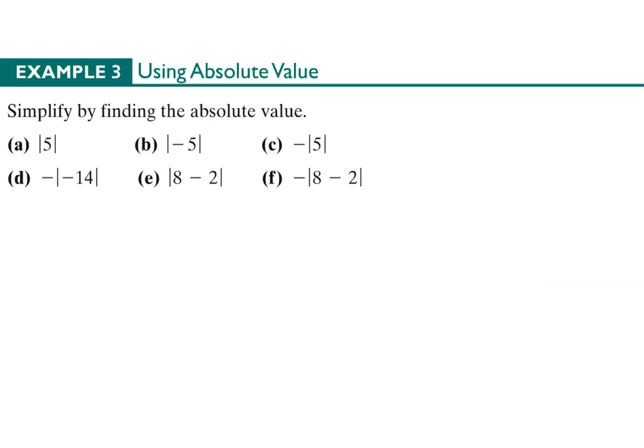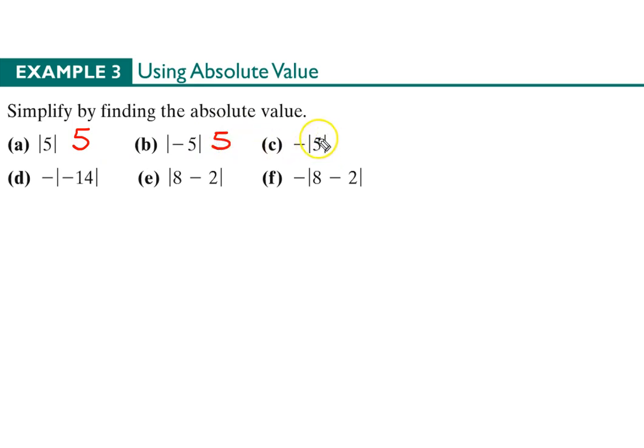Alright, here we're asked to simplify. It's going to take time to write them down, but have them in your notes. And I'll change back to my nice red. I like the red. Absolute value of 5 is 5. Absolute value of negative 5 is 5.